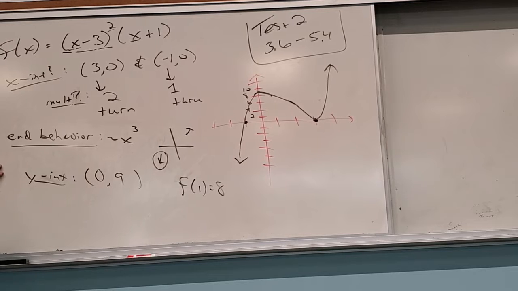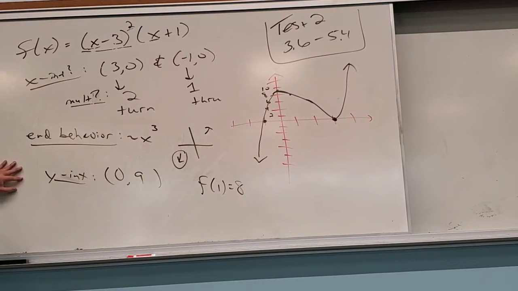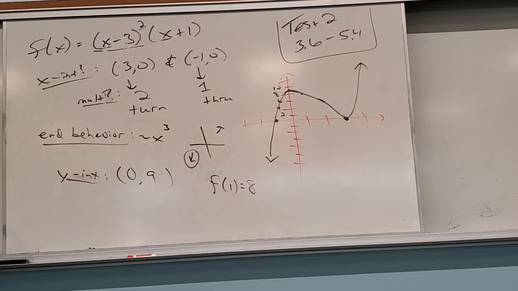So it just goes through the point, and if that was an even power, then it would have curved back up again? At -1, 0. So if it was x plus 1 squared, it would have turned again?